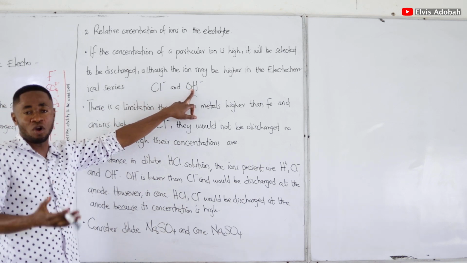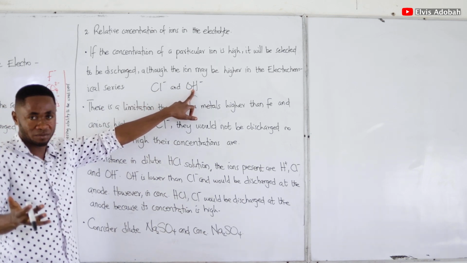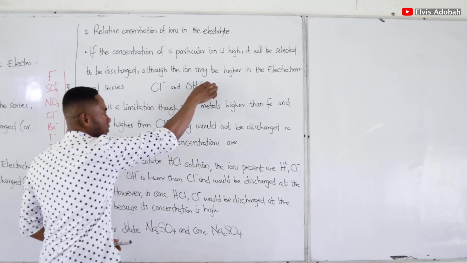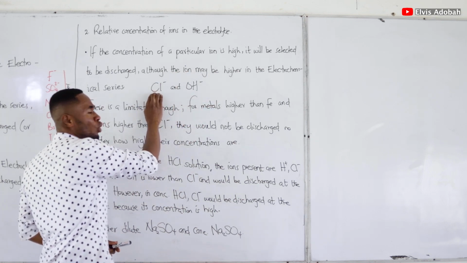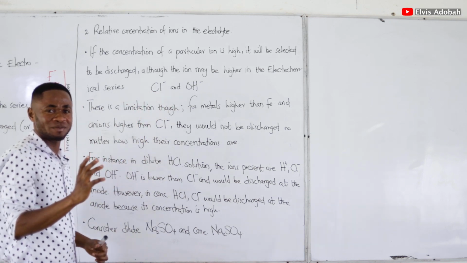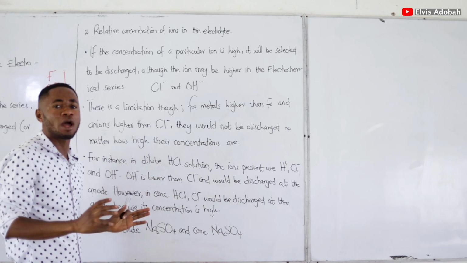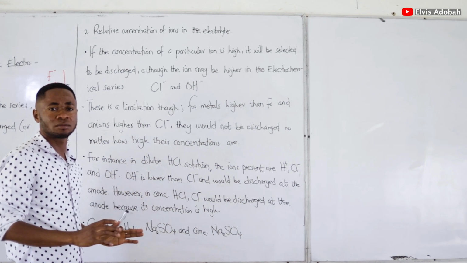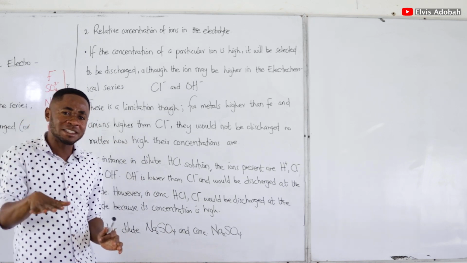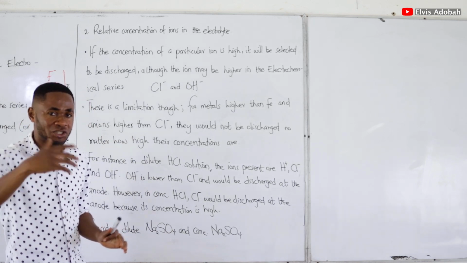So hydroxide ions are supposed to be discharged. When we have a dilute solution, things will go on as planned. The first factor will hold. The one lower in the series would be discharged.